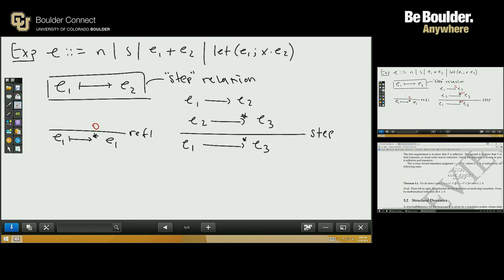Sorry, I goofed that up. That should just be n. So this is the 0 rule: 0 steps are taken. This is the successor rule where I take 1 step, then some more steps, and then I've taken 1 plus that number of steps.